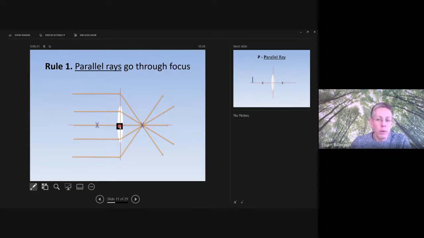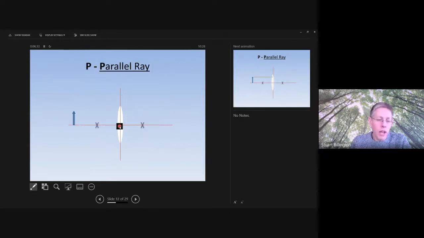So when you draw yours in, I need you to take your ruler now and your pencil and make sure your pencil is very, very sharp, because if you've got a blunt pencil, this isn't going to go well. I need you to place your ruler on your page so that your ruler is lying along this principal axis here.